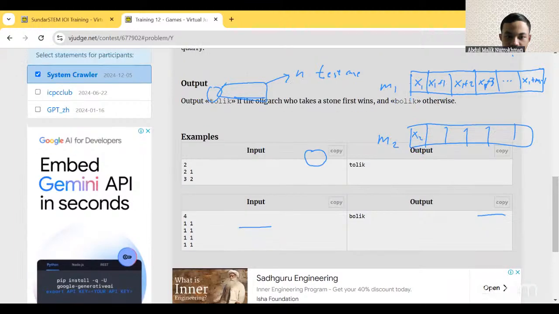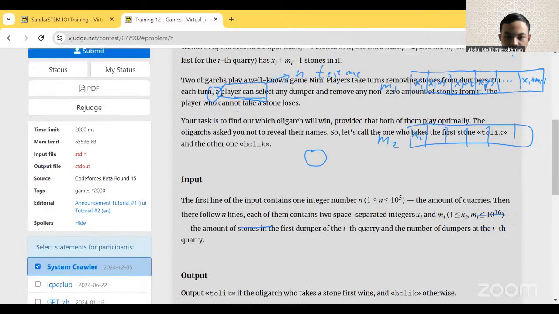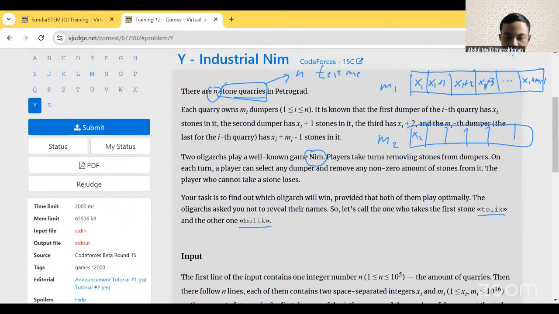So we will solve a NIM game problem. The general rule for NIM game is, given an array with length n, each of them is A1, A2, A3, and so on until AN.